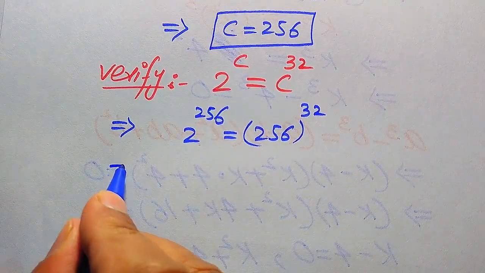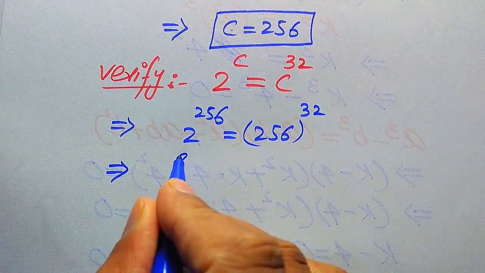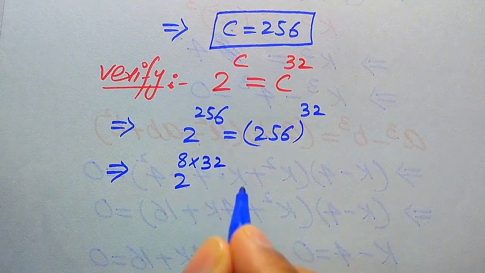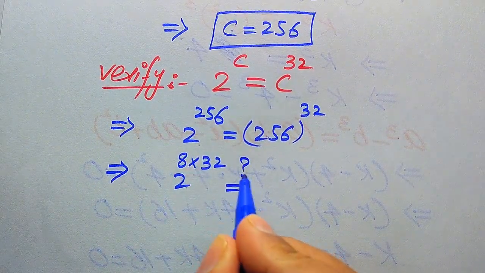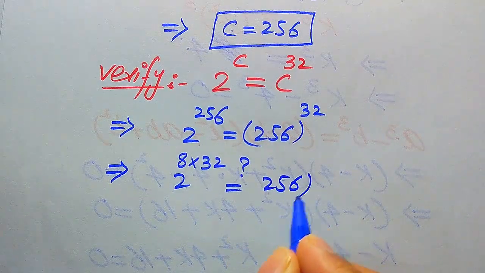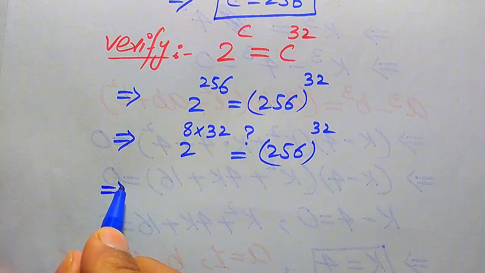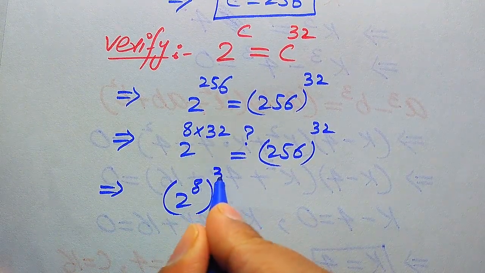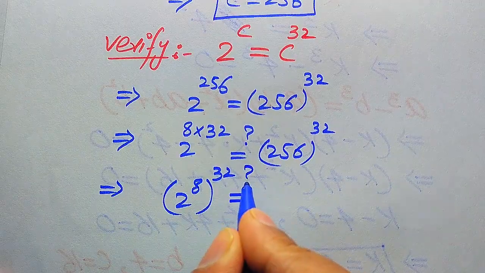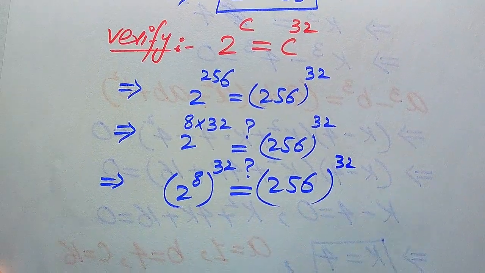So here we focus on the left hand side and we write this 256 as 8 multiplied by 32. We know that 8 times 32 becomes 256, and we check whether this equals 256 to the power of 32 or not. So here we move this 8 inside the term and we obtain 2 to the power of 8 to the power of 32 equals 256 to the power of 32 or not.